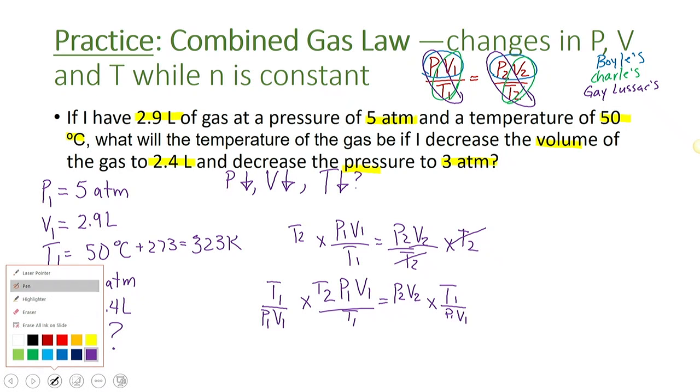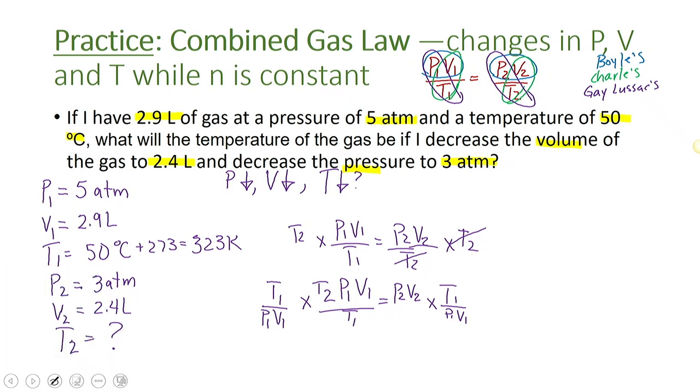So let's see what cancels out. Notice our T1 over here cancels, P1, V1, and I'm left with T2. Okay? So T2 now is equal to P2, V2, T1, all over P1, V1. Now let's just plug and chug.